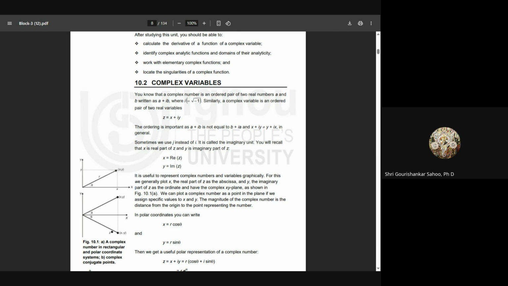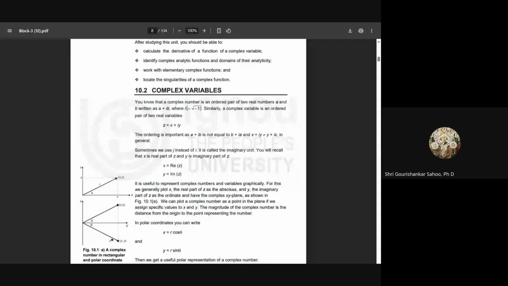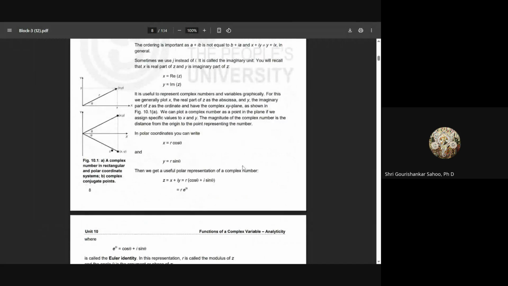So this is the representation of a complex number, and you can see z can be written as x plus iy or r cos theta plus i r sin theta. So that is r times cos theta plus i sin theta, and the exponential function can be written in terms of trigonometric functions, and cos theta plus i sin theta is equal to e to the power i theta.